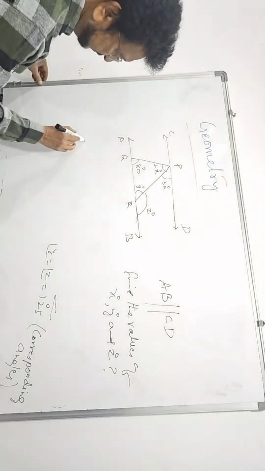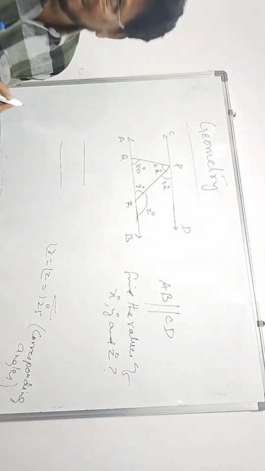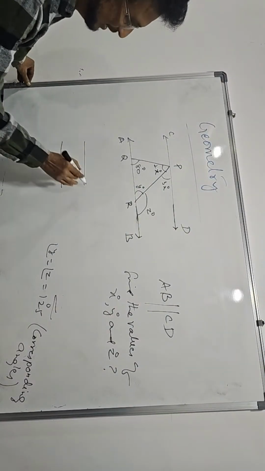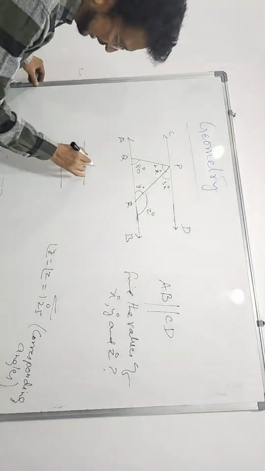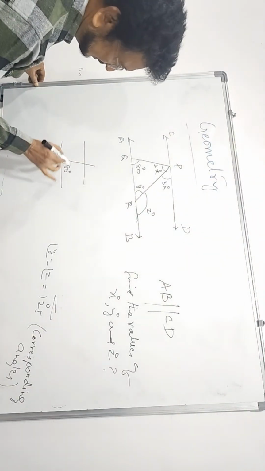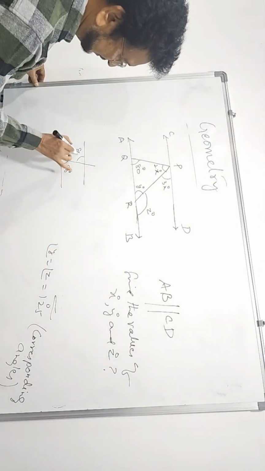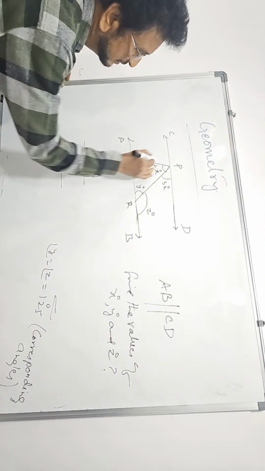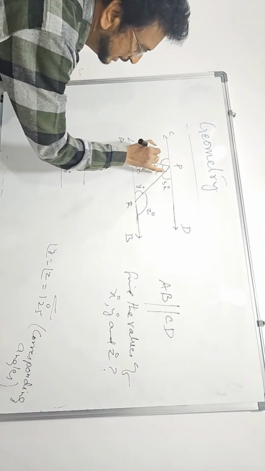See here, if two lines are parallel, then if a line is cutting it, then alternate angles are equal. If this is 80, this will be 80. Then this angle also will be 80 degree.